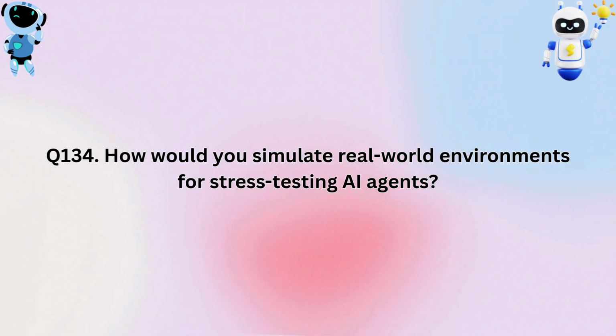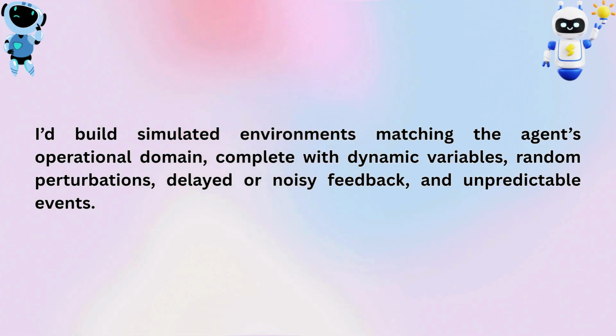How would you simulate real-world environments for stress testing AI agents? I'd build simulated environments matching the agent's operational domain, complete with dynamic variables, random perturbations, delayed or noisy feedback, and unpredictable events.